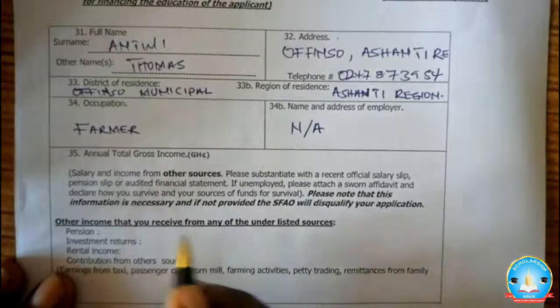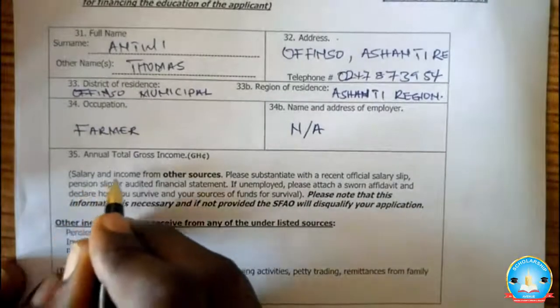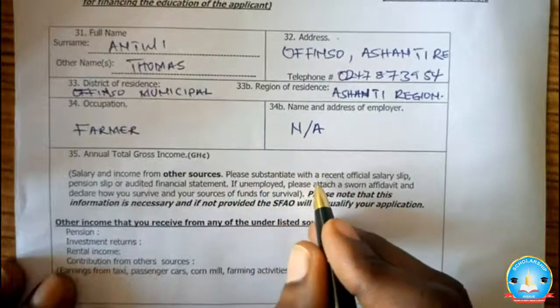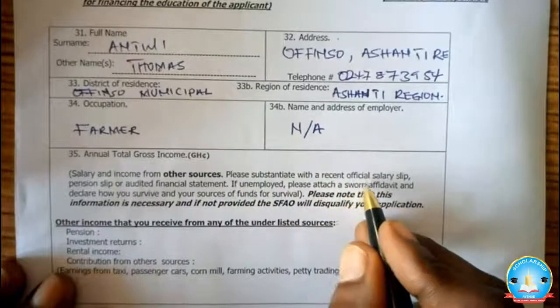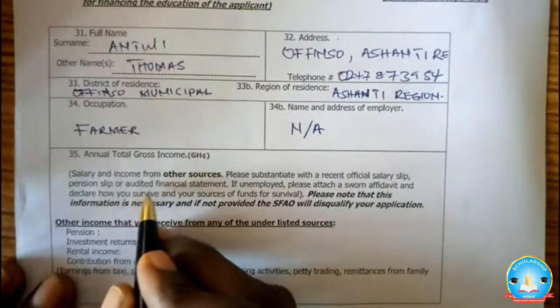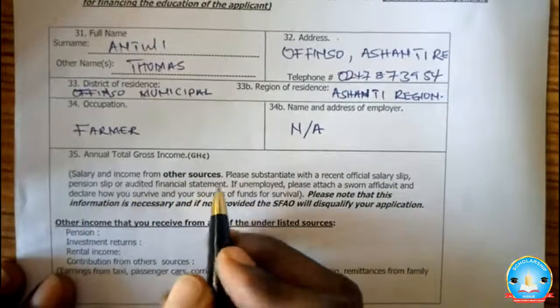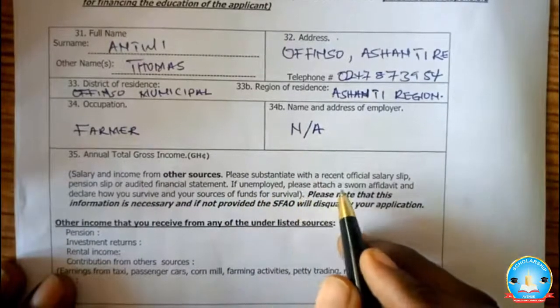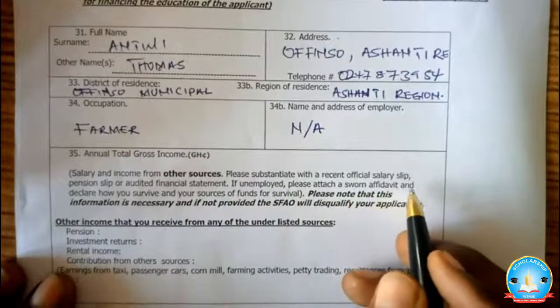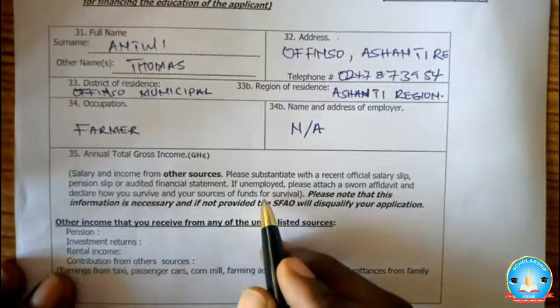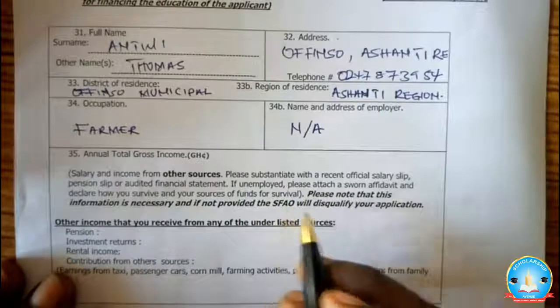So we provide here salary and income from other sources. Please substantiate with a recent official salary slip, pension slip, or audited financial statement. If unemployed, please attach a sworn affidavit and declare how you survive and your sources of funds for survival.